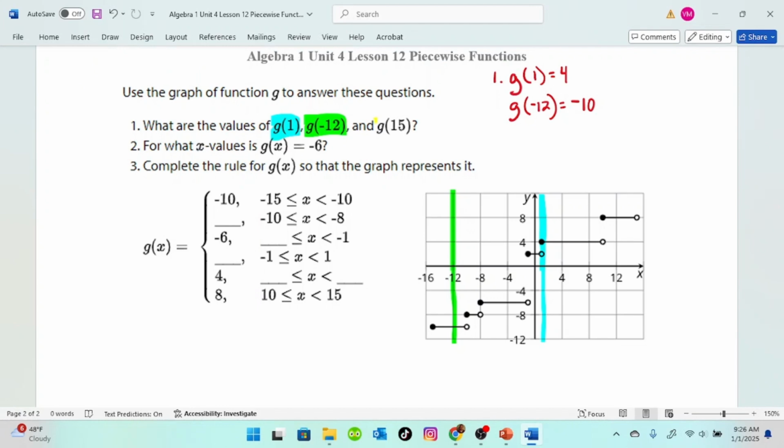And then the last one is g of 15. That means my x is 15. I come over here.